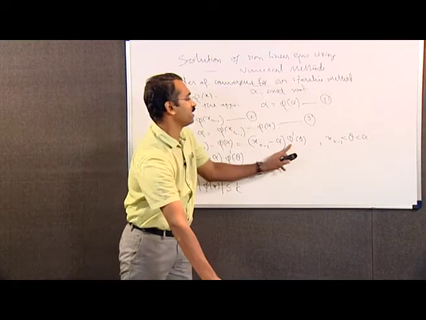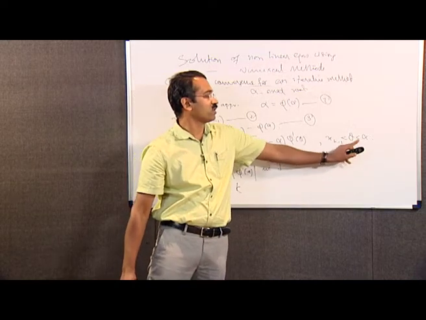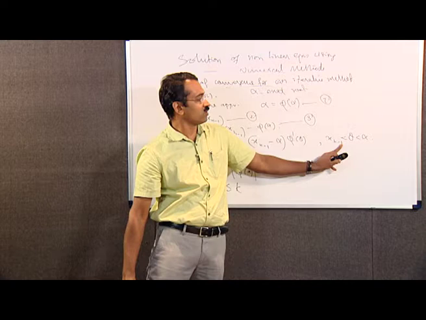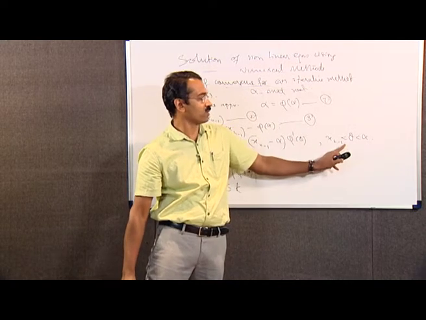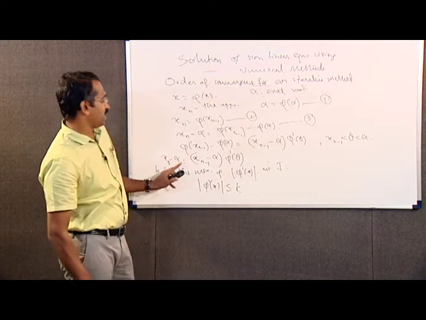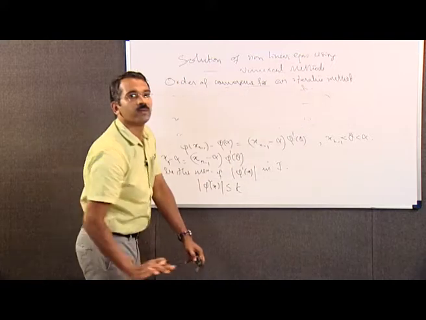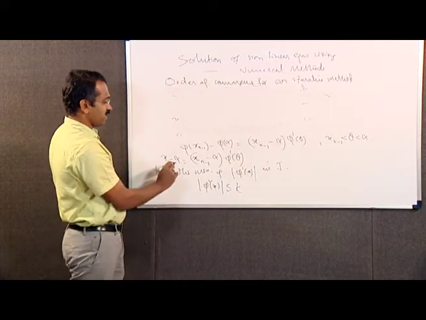Theta is a number in between x n minus 1 and alpha. Therefore, we can take this expression as modulus of x n minus alpha.